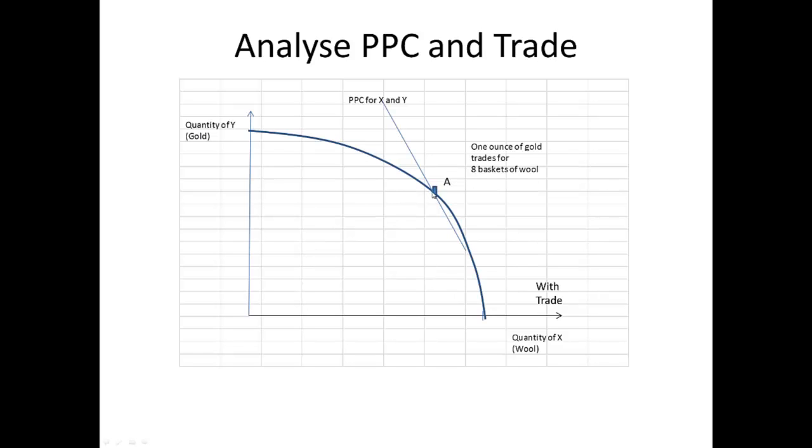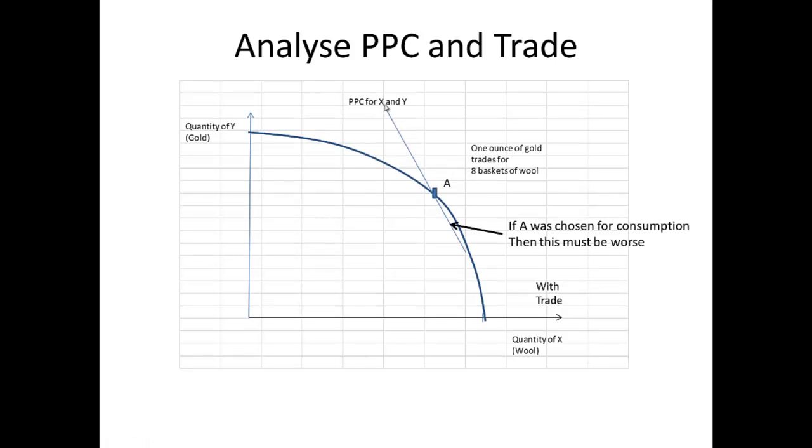In particular, this might be a world in which 8 units of wool could trade for a full ounce of gold. If you could do that, note that you'd be outside your production possibility frontier, but this new point is actually a place where you might be able to consume. So we have a whole bunch of choices along this line. This part would never be chosen because you could have picked someplace in here.